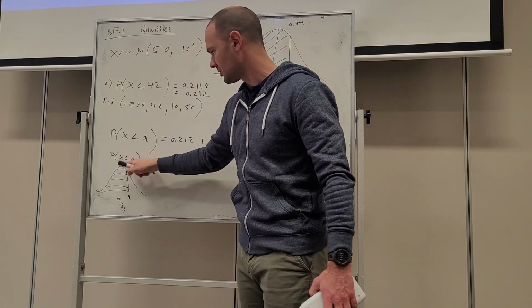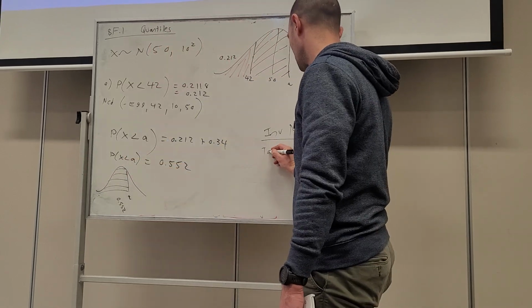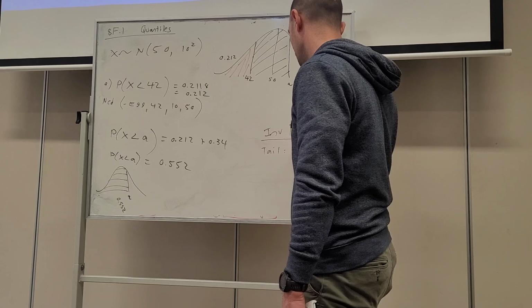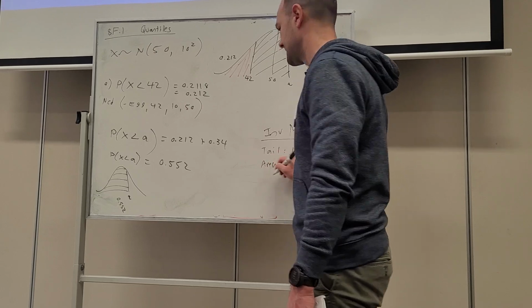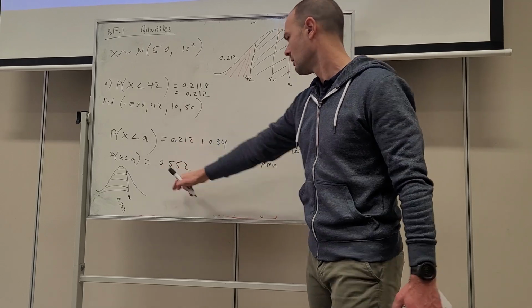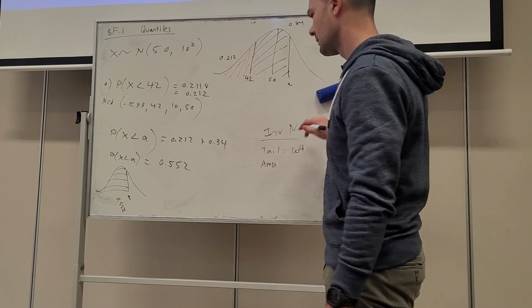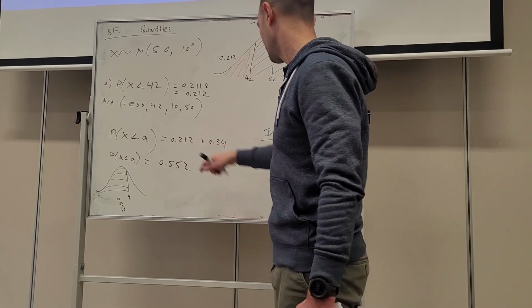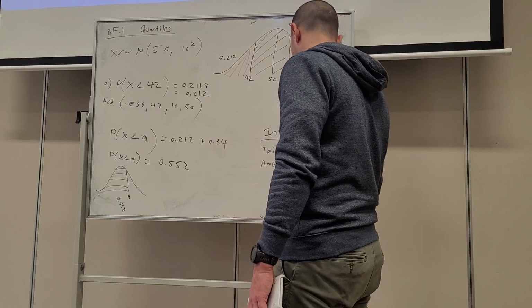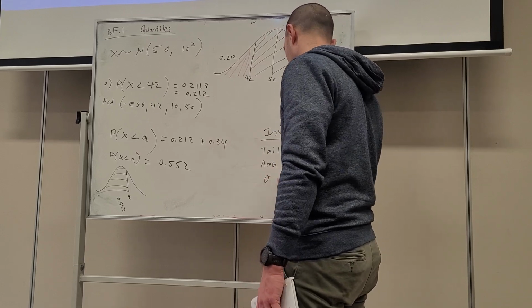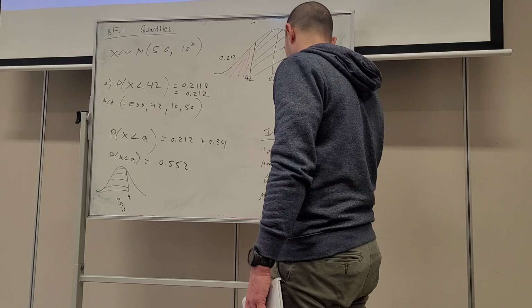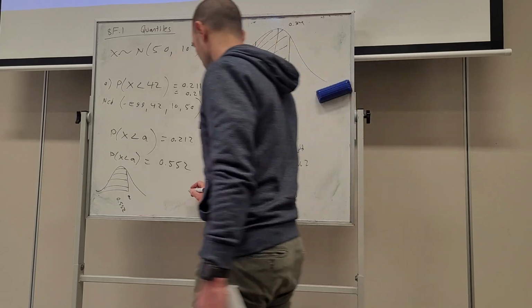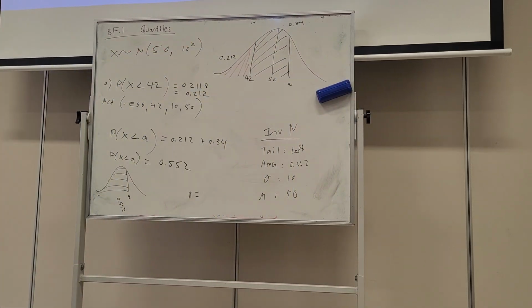Okay, we've shaded that region to the left. Our arrow is pointing left. The area is the sum of the parts that we've calculated, 0.552. Standard deviation and mean remain the same. Okay, so we'll evaluate that, and that's going to tell us the value.